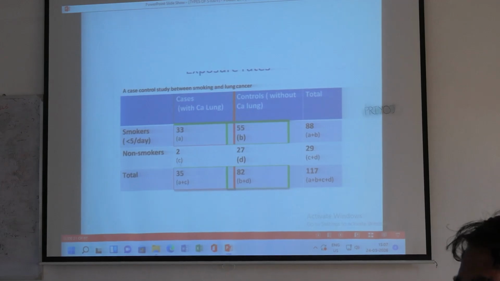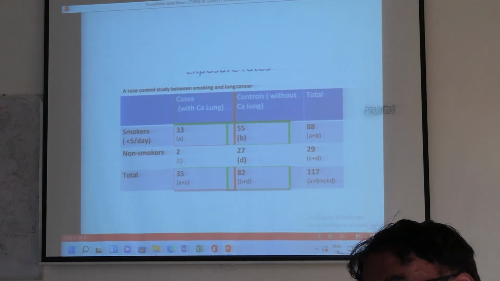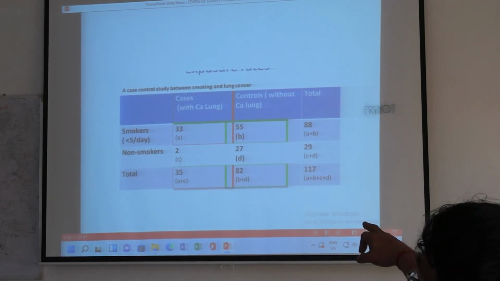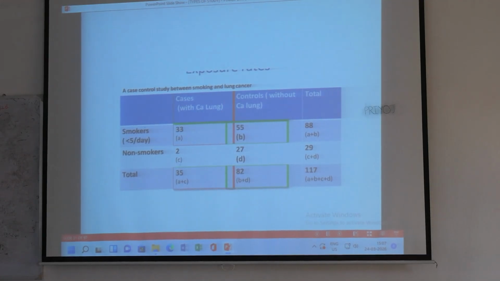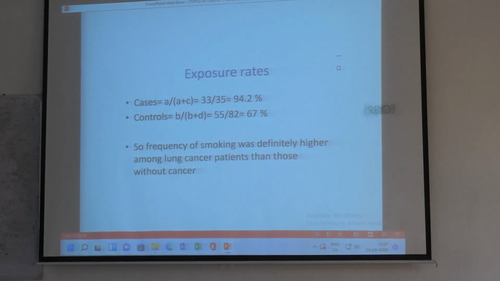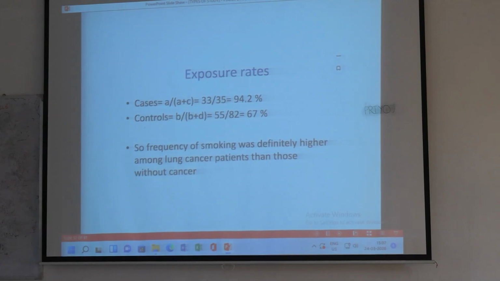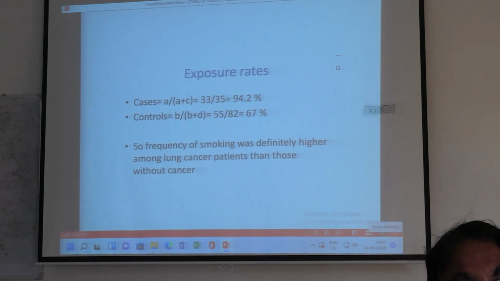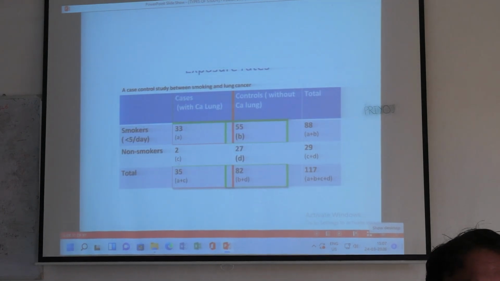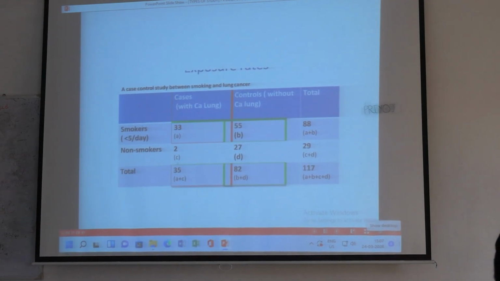They don't have CA lung, they have COPD or some other disease, or maybe nothing. That is 55 out of 82, which is 67%. So the frequency of smoking is higher in lung cancer patients than in those without cancer. This is clear. Have you taken a screenshot of this figure also? Okay, so this is very clear.